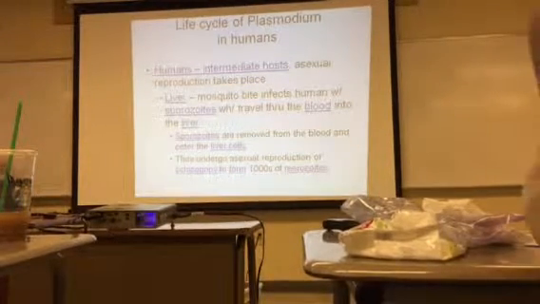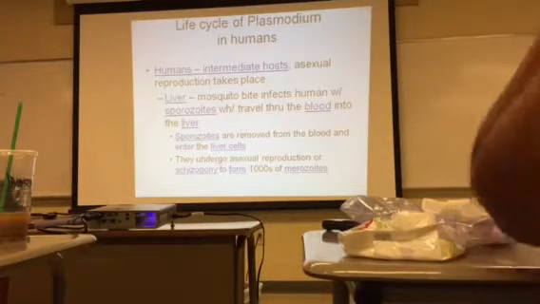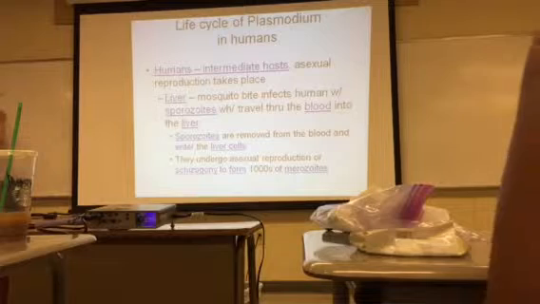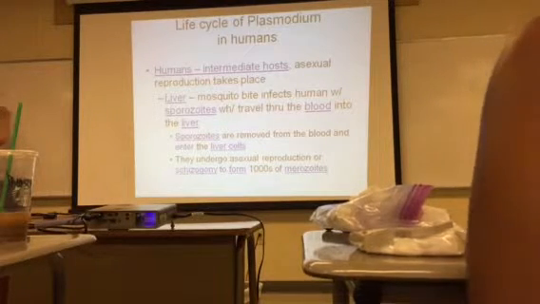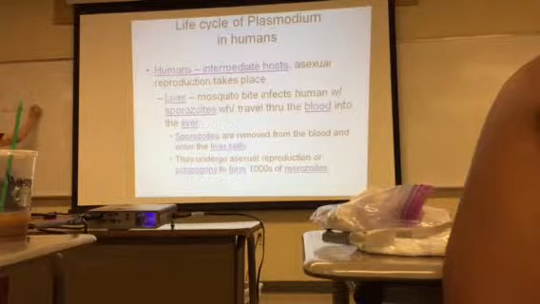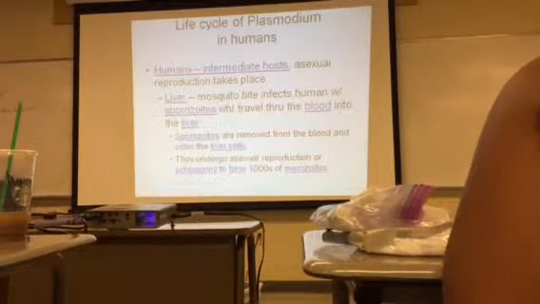And then they're going to enter the liver cells. Once it goes into the liver cells, it's going to go through that multiple asexual reproduction called schizogony.